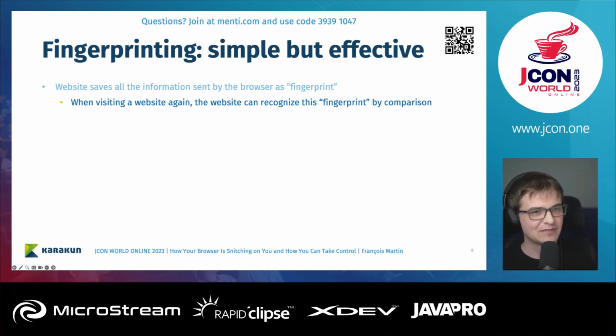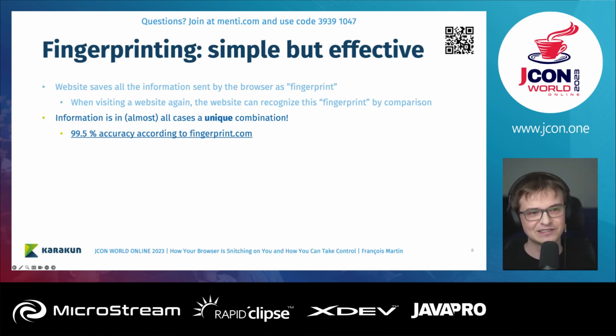But the crazy thing about this is that the information is in almost all cases a unique combination. So a website that offers a service for this, which is called fingerprint.com, they claim to have an accuracy of 99.5%. I mean, I have no way of verifying this, but I could believe that it's maybe close to this, which is crazy.